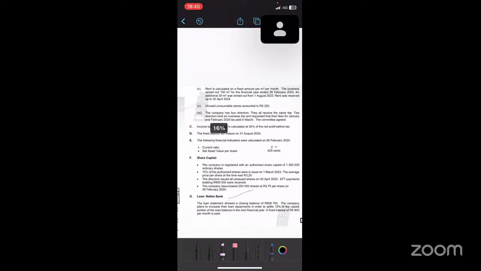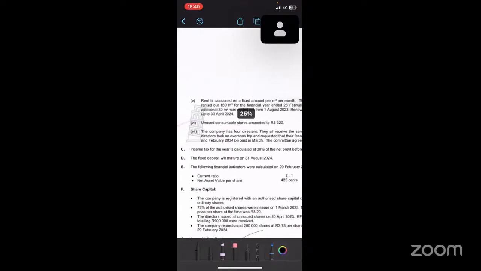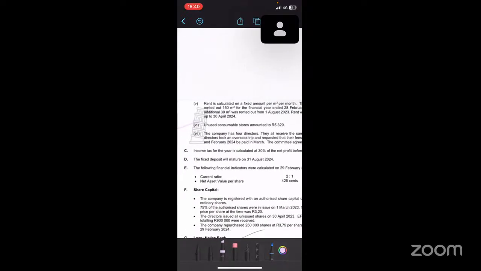Share capital, income tax, the fixed deposit, unused consumables stores amounted to. Do you guys see that? This will go to our inventories.